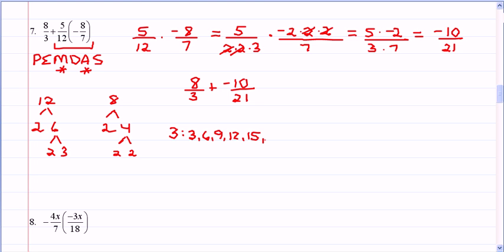And I'm not going to get to my first multiple of 3 until I write out my 7th number. And since 21 is the smallest number that the two lists have in common, that means my least common denominator is equal to 21.